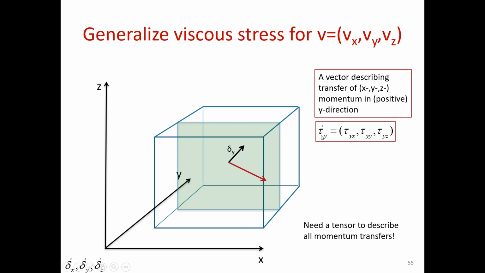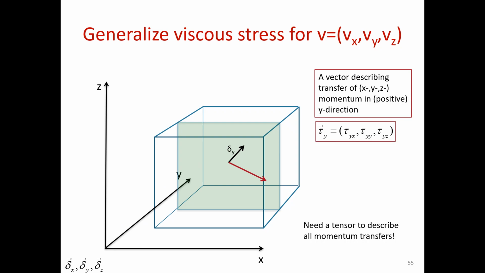It's my tau y, and basically I'm describing how x, y, z momentum that fluid has transfers across y plane. So that's what I mean. Across y plane in some coordinate system. So I'm going from lower y coordinates to higher or larger y coordinates across y plane.